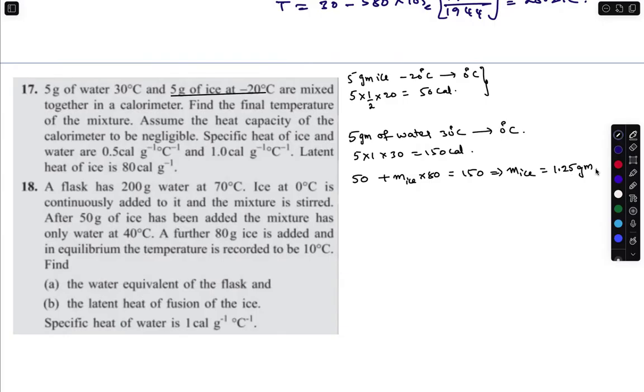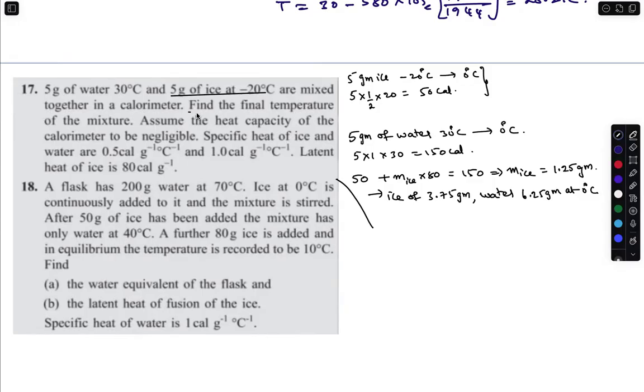So finally, assuming this is the picture, you have ice of 3.75 gram, and water, how much water? 1.25 plus 5, 6.25 gram, and both coexisting means at 0 degrees centigrade.